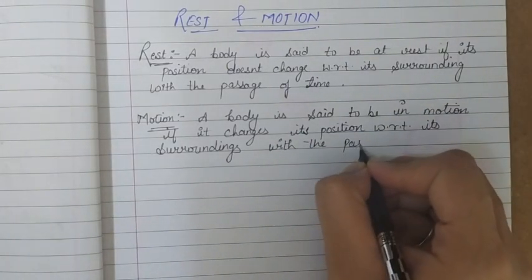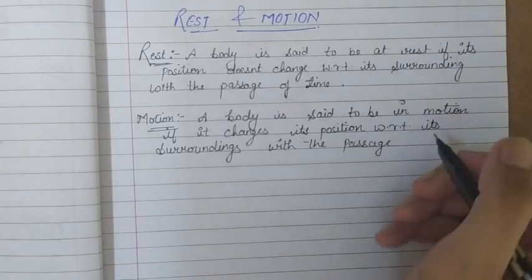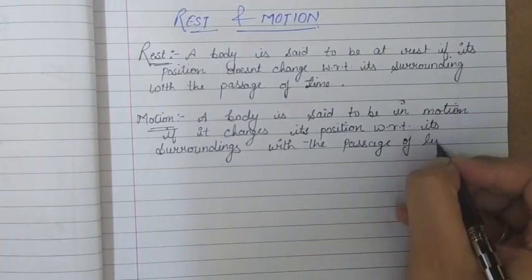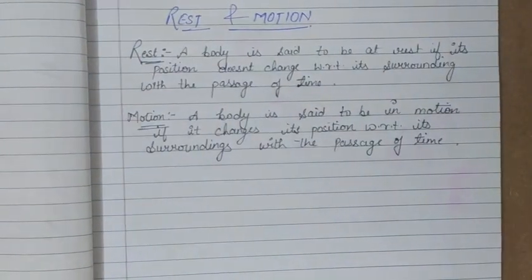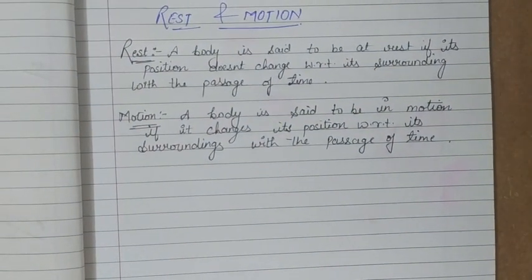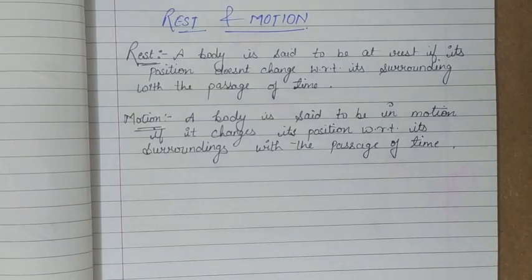If with time its position changes with respect to its surroundings, then that body is said to be in motion, and if its position doesn't change with respect to its surroundings with time, then it is said to be at rest. So these are the terms rest and motion.